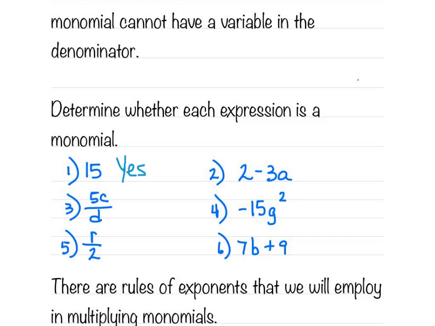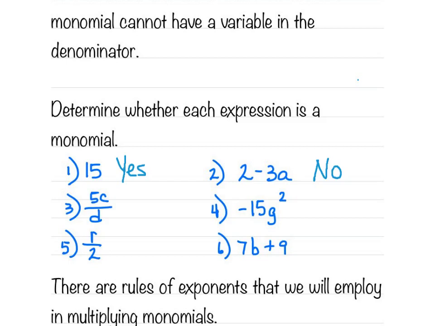The number 15 is a monomial. Number 2, 2 minus 3a. 2 minus 3a is not a monomial because it is the subtraction of two monomials. It contains a subtraction sign. That is not considered a monomial.